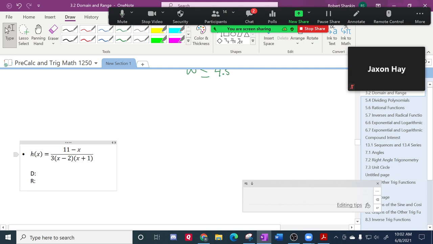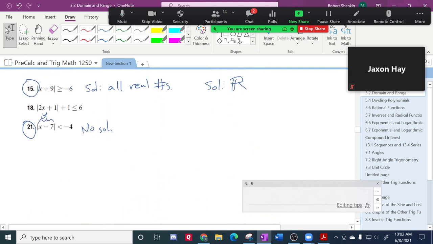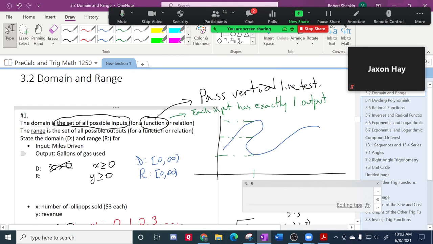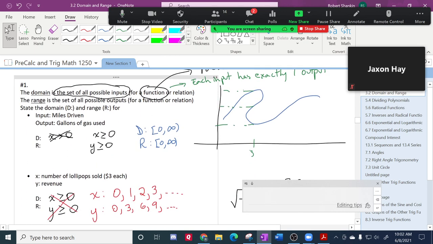And again, these problems are all out of context. When we started this stuff, we had a couple problems in context. When you have a context, you kind of get to say, well, what's reasonable? Fractions are unreasonable here, but they are reasonable here. Negative numbers are unreasonable in both cases.